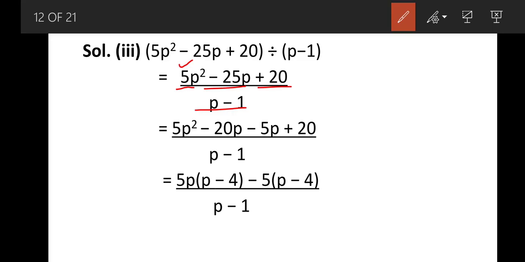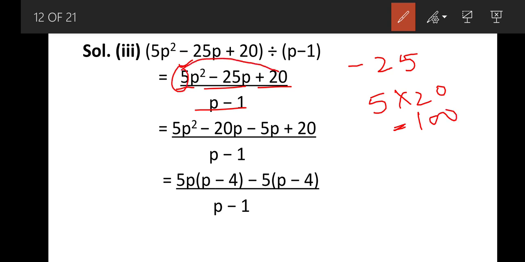So we need to split this −25 into two parts such that the algebraic sum of these two parts is −25 and their product should be 5 into 20, that is 100. I have multiplied the 5, the coefficient of p², with 20.